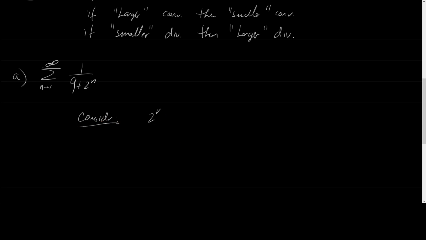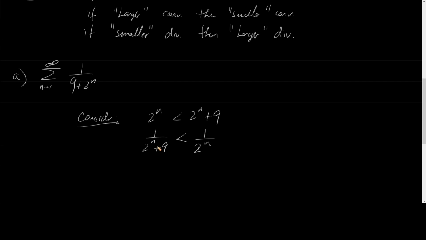We know that 2 to the n is less than 2 to the n plus 9, because adding 9 is always going to make it bigger. So if I do a cross division, I end up with this.